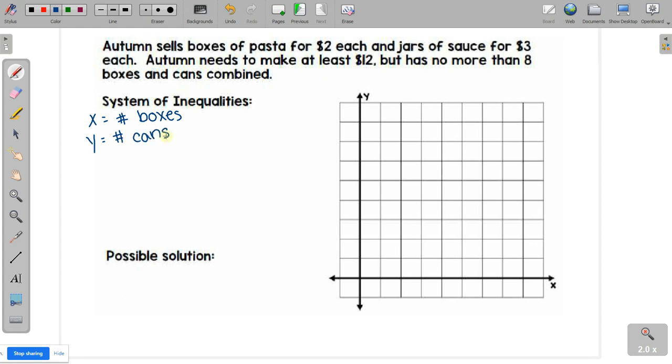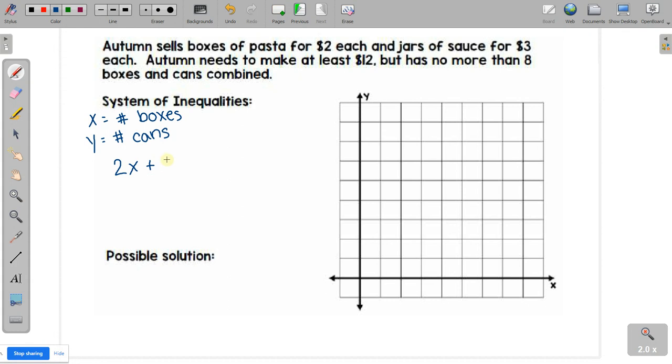So we need to write two equations here. Pasta is $2 each, so we're going to say 2x, or 2 boxes, $2 each per box. And a jar is $3 each per jar.